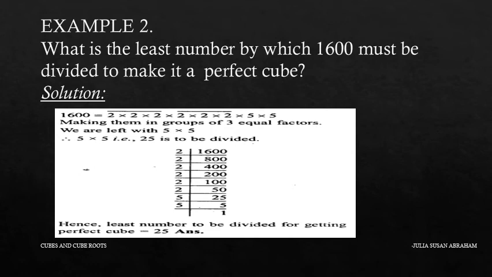Making them in groups of 3 equal factors, we are left with 5 into 5. That is, the given number 1600 must be divided by 5 into 5, that is 25. Hence, the least number to be divided for getting the perfect cube equals 25.